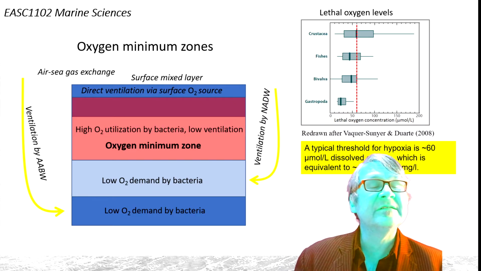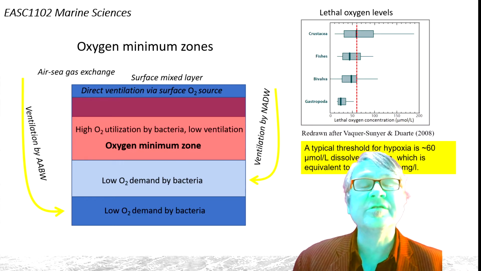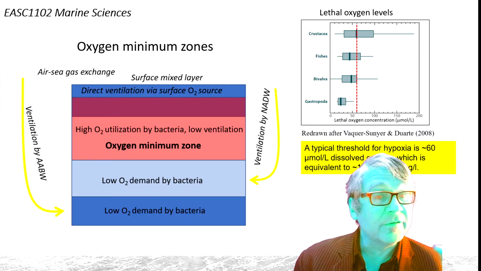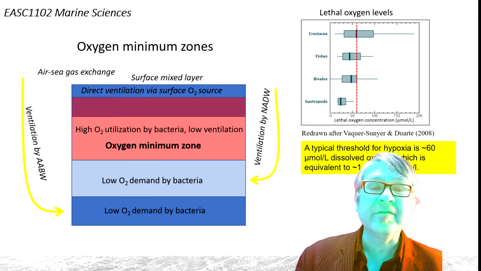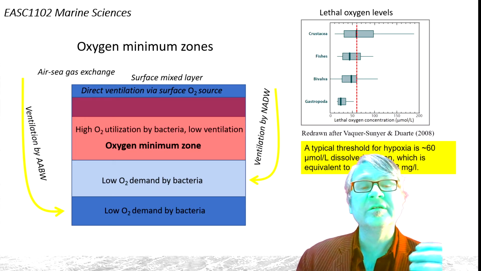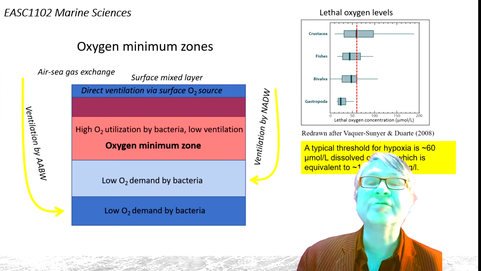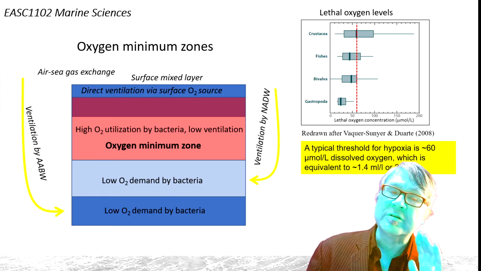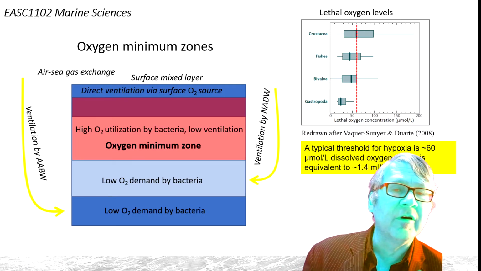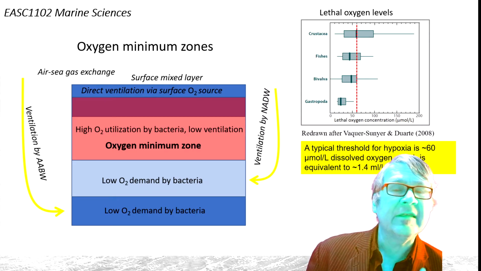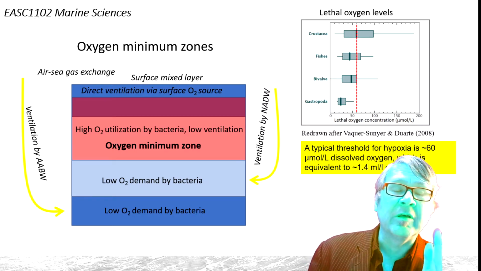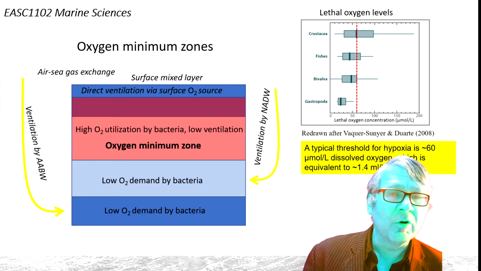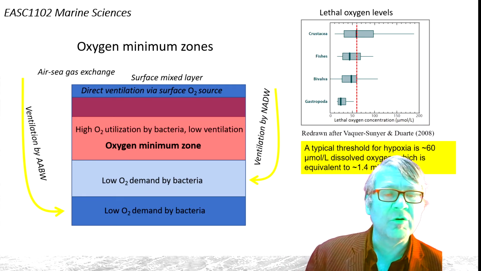And above my head is a table of lethal oxygen levels for different types of marine species: crustacea, fishes, bivalve, gastropoda. And I just drew one red line which indicates an estimate of a critical level that applies to all species. So all species are more or less affected by such low concentrations.